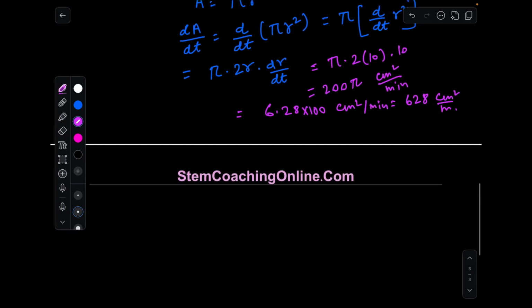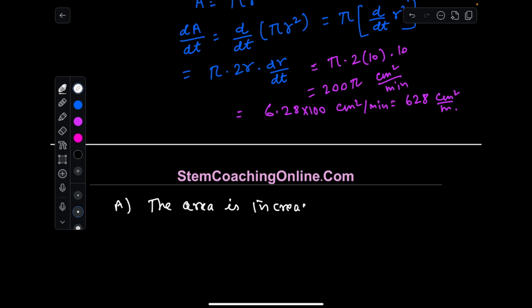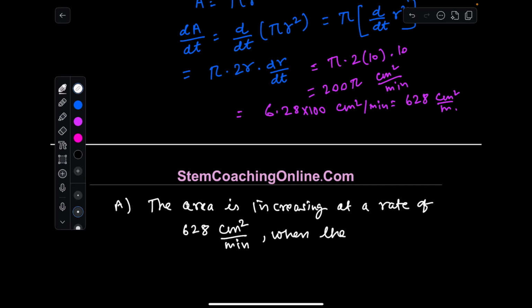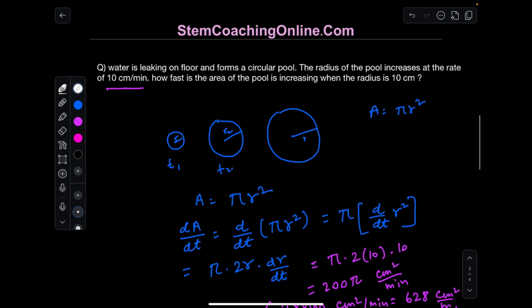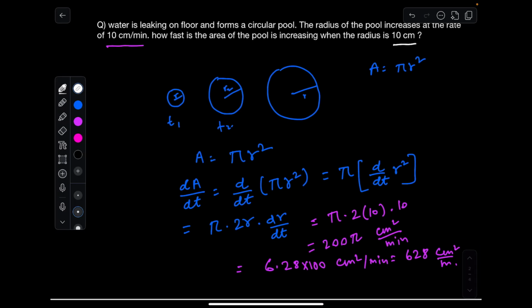So the answer will be: the area is increasing at a rate of 628 centimeter squares per minute when the radius is 10 centimeters, that I got from the question.